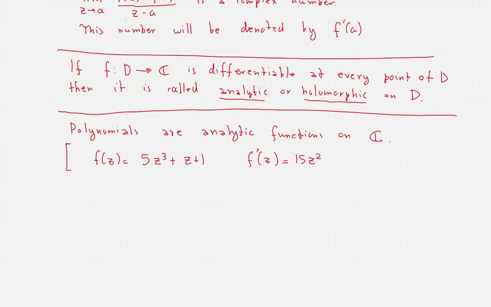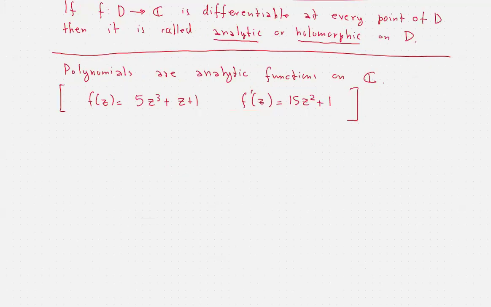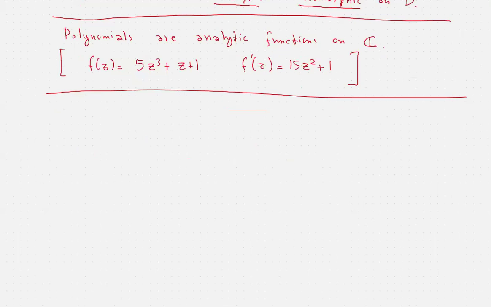Then we can define interesting analytic functions by considering series. So for example, we can define the exponential function by the formula 1 plus z over 1 factorial plus z squared over 2 factorial plus z cubed over 3 factorial, and so on and so forth.